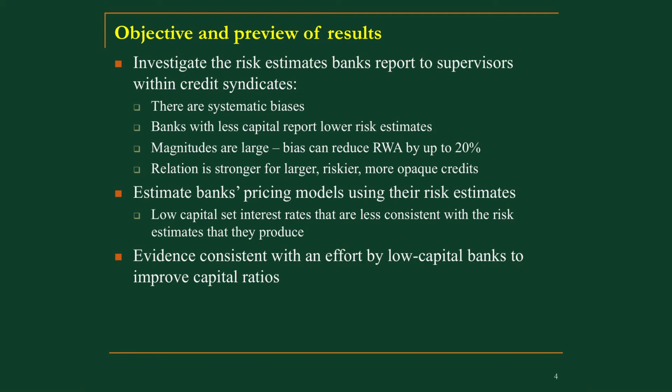One other thing we do to complement is that we are going to look at the pricing when the banks price these loans, to see if they view risk the same way as when they are assigning the risk metrics. Are the two in sync? And what we are going to find is that they are not.